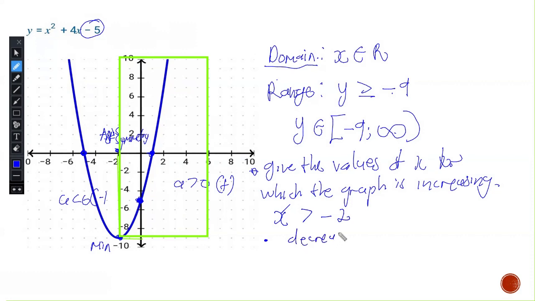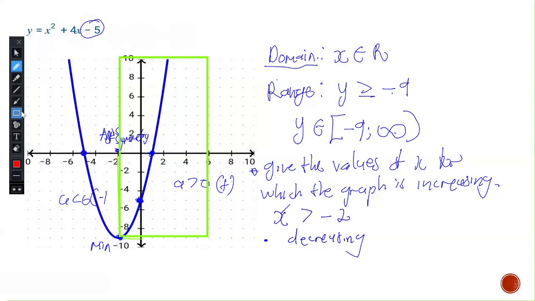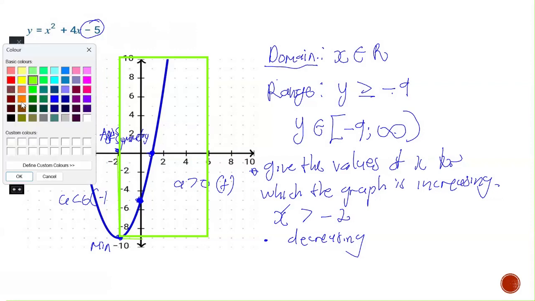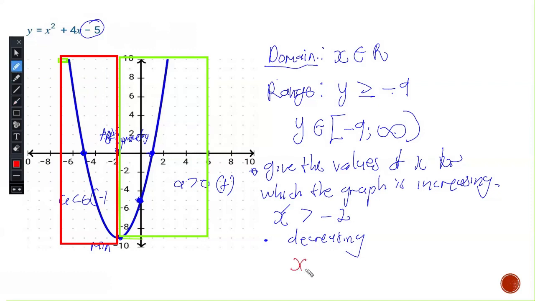Obviously, it has to decrease when x is less than -2. Let's highlight this part here. What is happening to the graph before it gets to -2? The graph was decreasing. As we are increasing in x values, the y values are decreasing. So this is decreasing when x is less than -2.